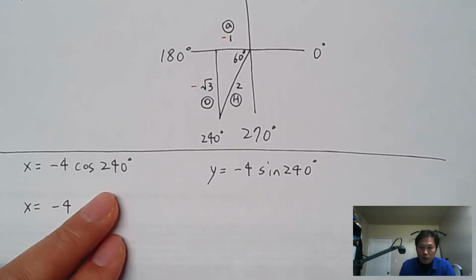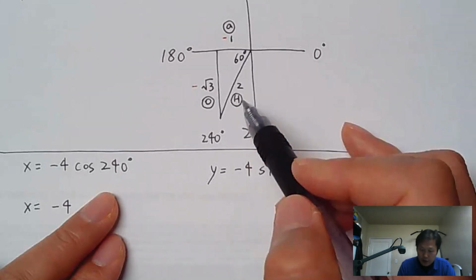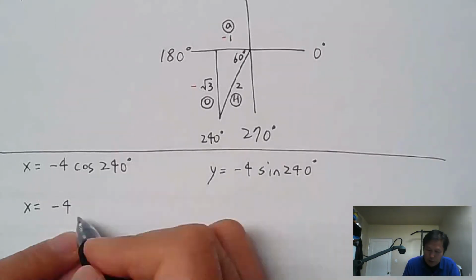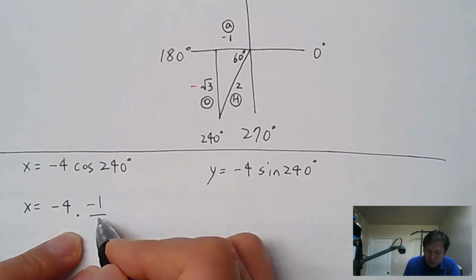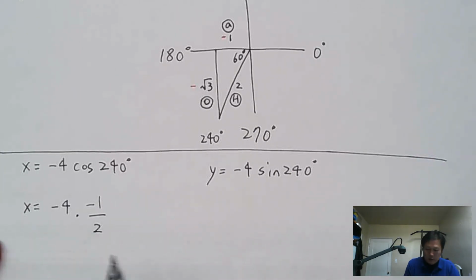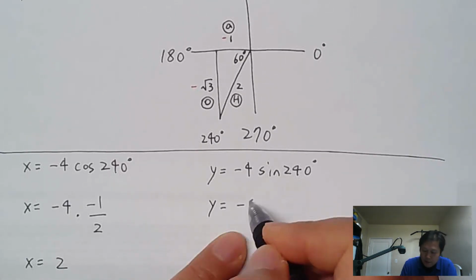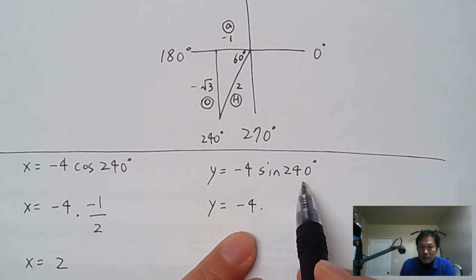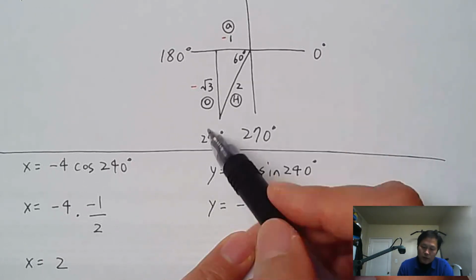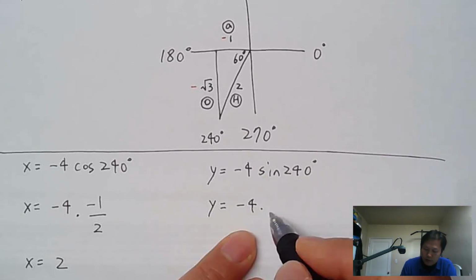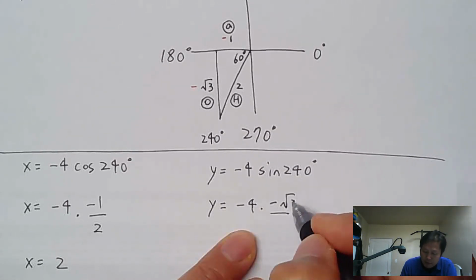So, CAH TOA, again, CAH is adjacent over hypotenuse. So adjacent over hypotenuse, we multiply by minus 1 over 2. Then 2 and 4 cancel out, minus times minus becomes a positive, so you get x value equal to 2. For the y value, minus 4 times sine 240 degrees, so sine is opposite over hypotenuse, multiplied by minus square root 3 over 2.